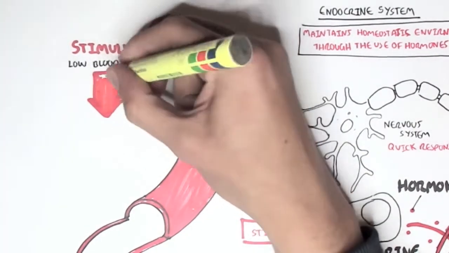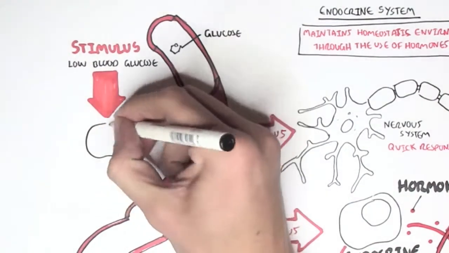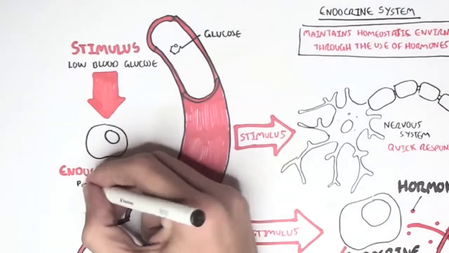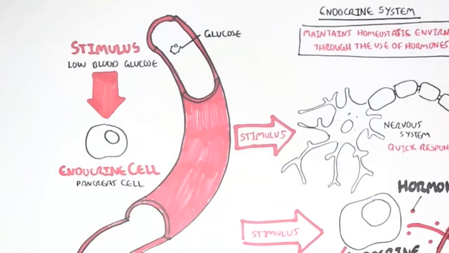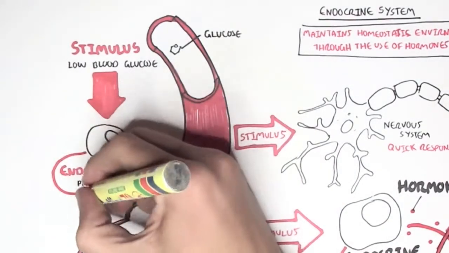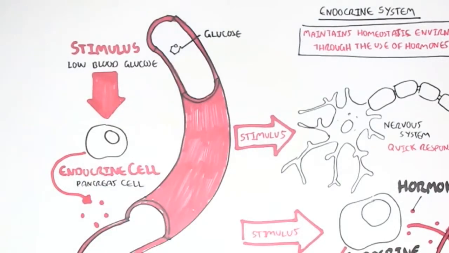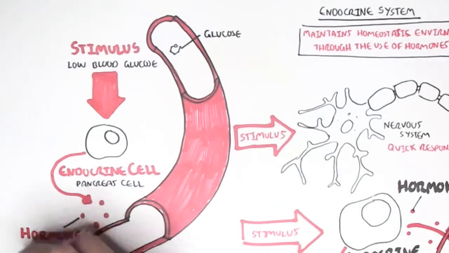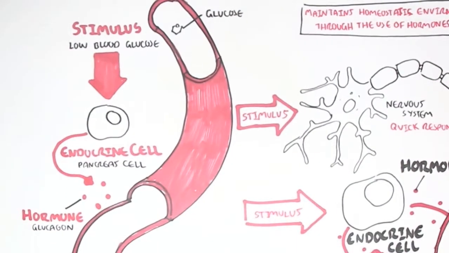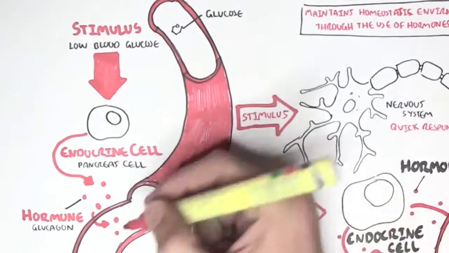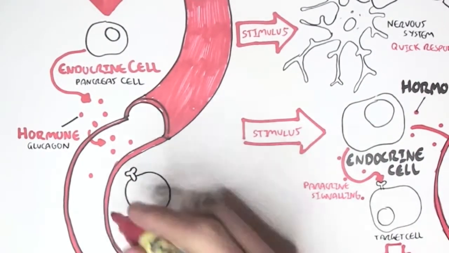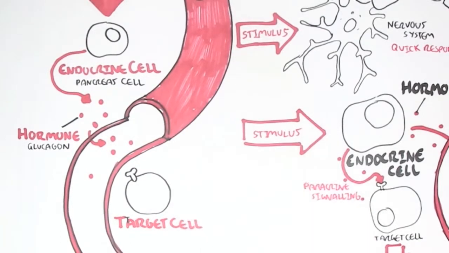The stimulus, which is low blood glucose levels, will stimulate an endocrine cell, known as the pancreas cell. Actually, it's called the alpha cell, but let's call it pancreas cells for simplicity. The pancreas cell will then secrete a hormone called glucagon into the bloodstream. Glucagon will travel through the bloodstream to the liver, which is the target cell.